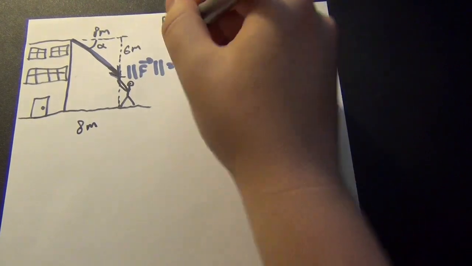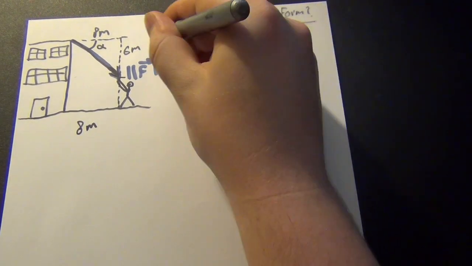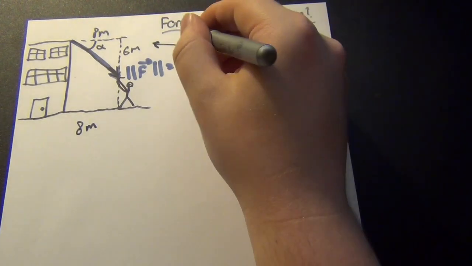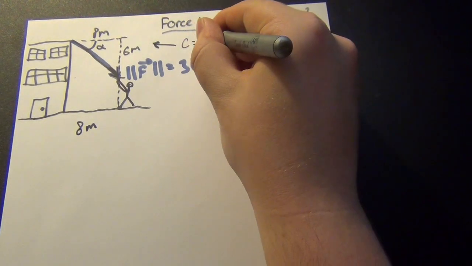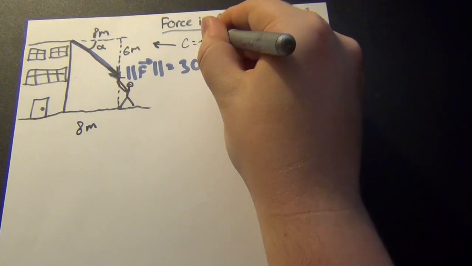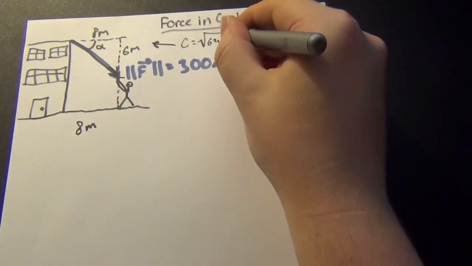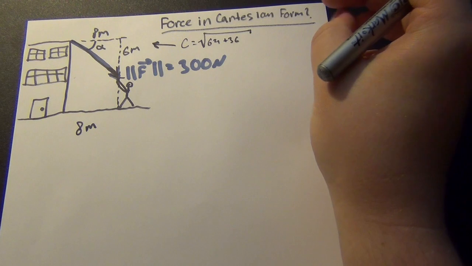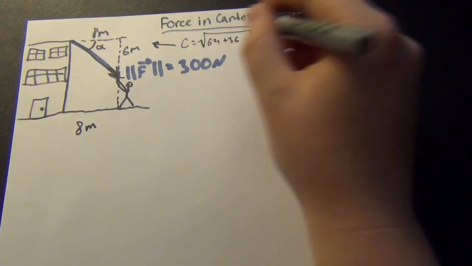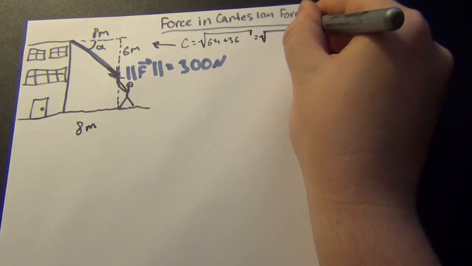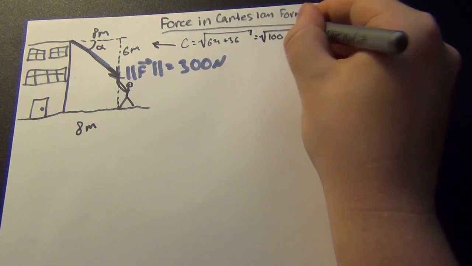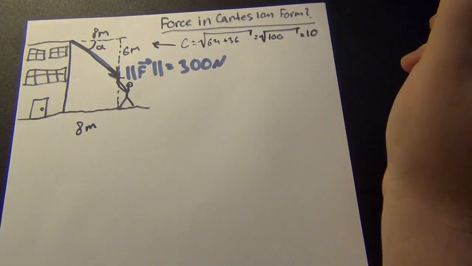You could also picture this in a better way, or not really a better way, but if you're trying to find the hypotenuse, you're just going to say C equals the square root of 64, which is just 8 squared, plus 36, and then with mental math you are going to get the square root of 100, and then that's going to be equal to 10.